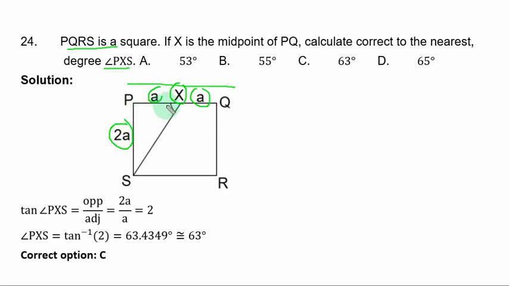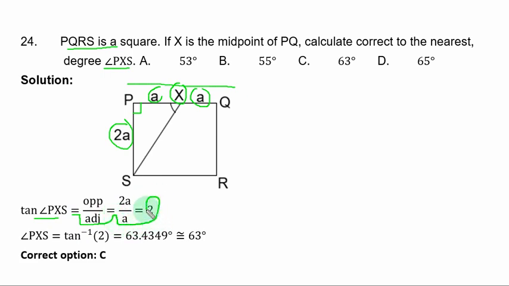You are asked to find angle PSS as marked. This is a right angle triangle. So we can use tangent because 2A is facing the needed angle and A becomes adjacent, because SS is the hypotenuse. So tan of angle PSS is equal to opposite over adjacent, that is 2A over A, and that gives you 2.